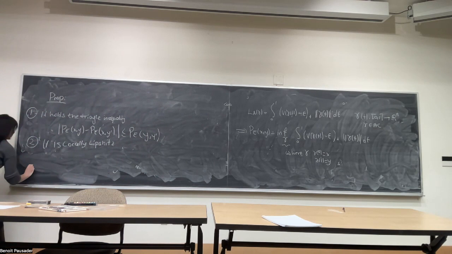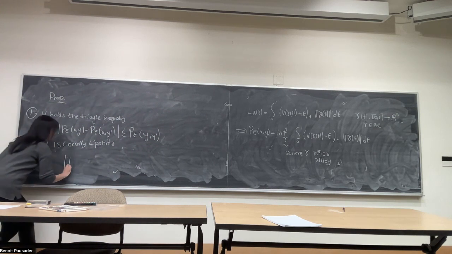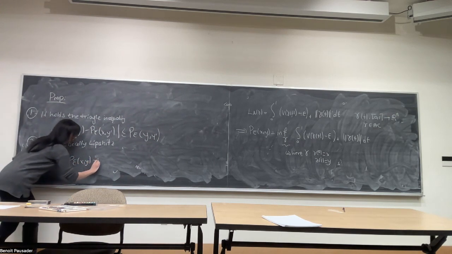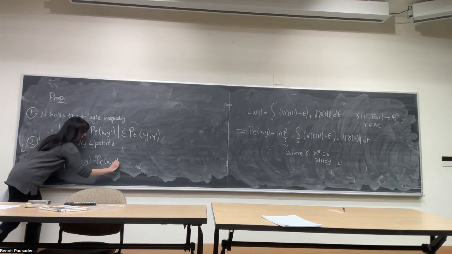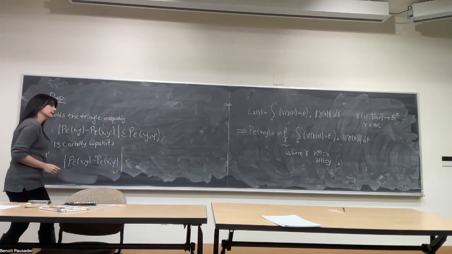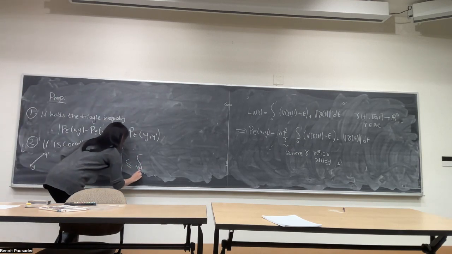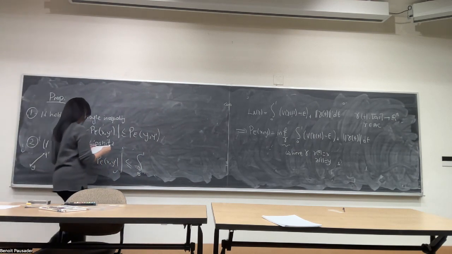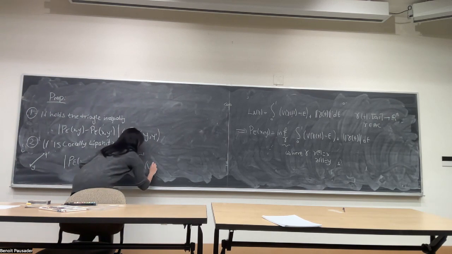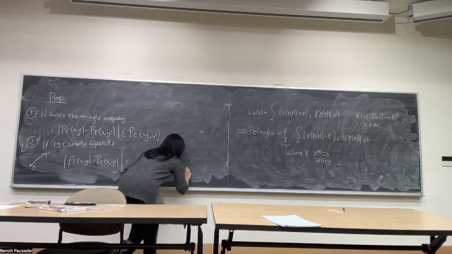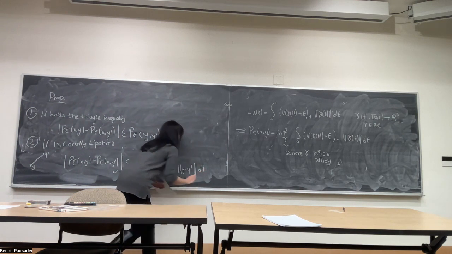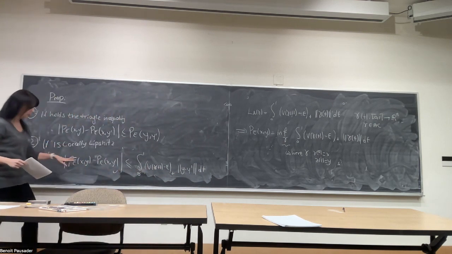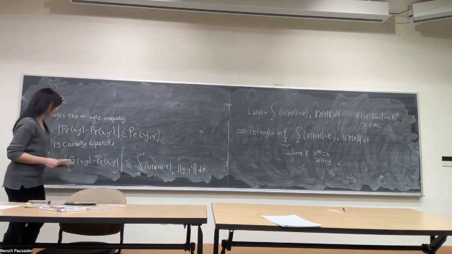So in other words, if you take a straight line from y to y prime, then by just using this triangle inequality, it will be exactly the integral from 0 to 1 of the norm of y minus y prime dt. And because we are local, we can bound this by something that depends on our domain.